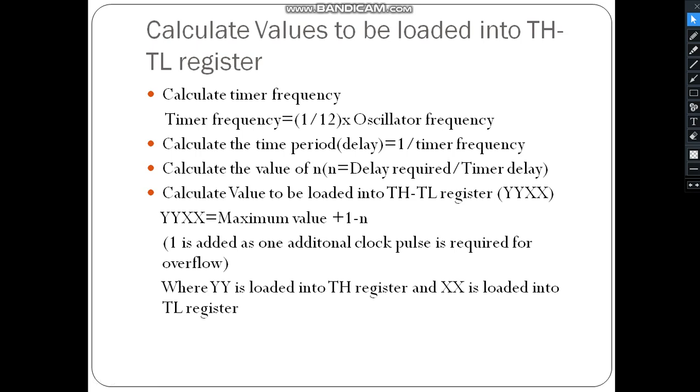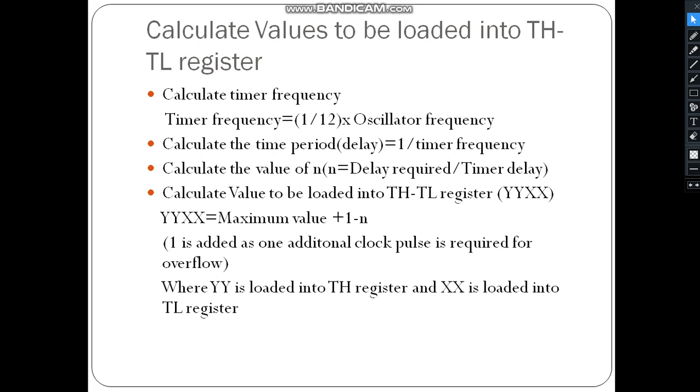To calculate the timer period or delay, we take the inverse of the timer frequency. Then we have to calculate the value of n. N is given by required delay divided by timer delay. The required delay will be given in the problem, and the timer delay has to be calculated.